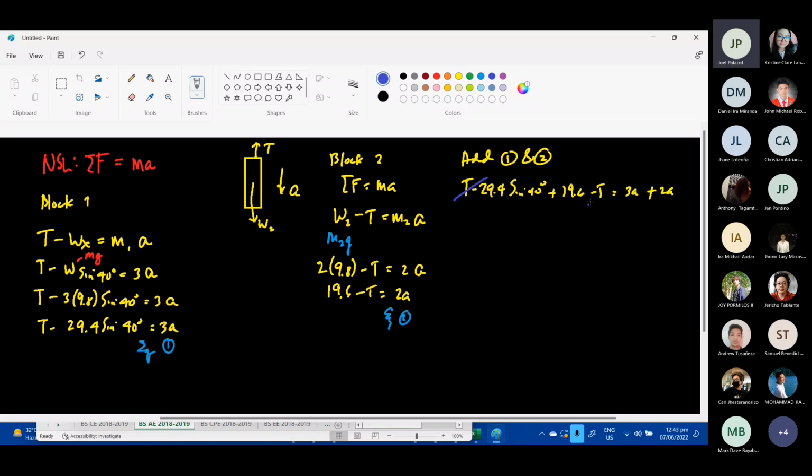As you can see, T will cancel. The right side is 5A. So negative 29.4 sine of 40 plus 19.6 equals 5A. From this, we can calculate the acceleration.